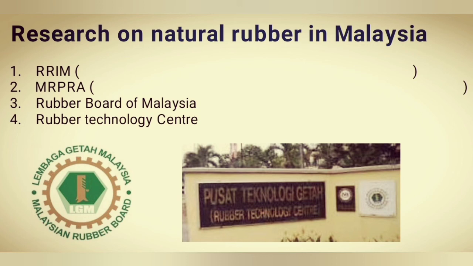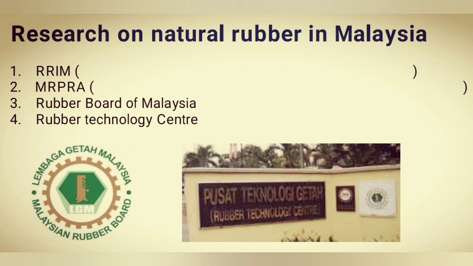The following institutions and research centers are entrusted with the role to further develop and expand the role of rubber in the Malaysian economy: RRIM, Rubber Research Institute of Malaysia; MRPRA, Malaysian Rubber Producers' Research Association; Rubber Board of Malaysia; Rubber Technology Centre; and various local higher institutions of learning.